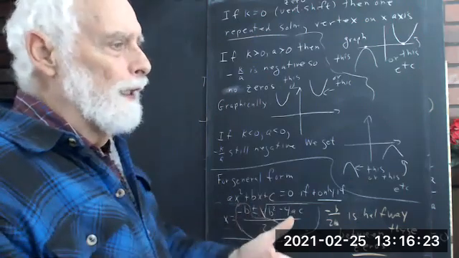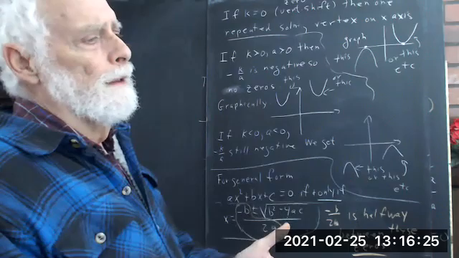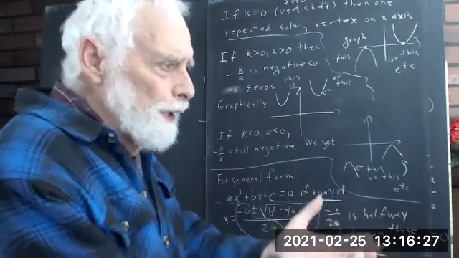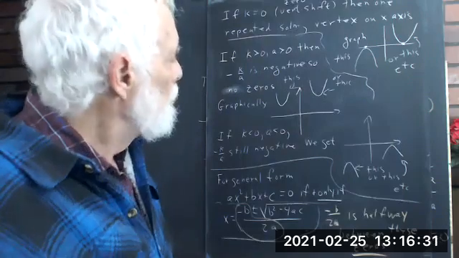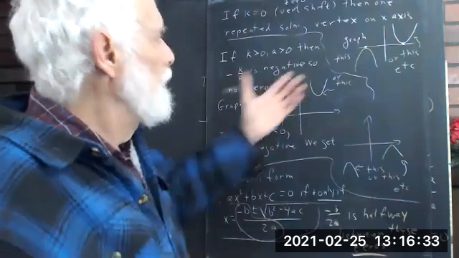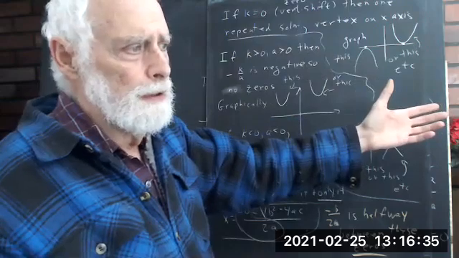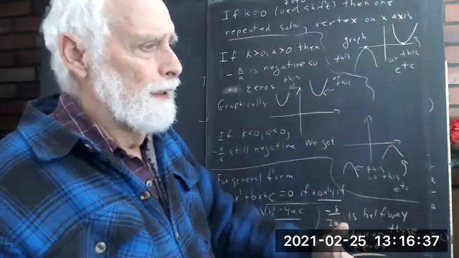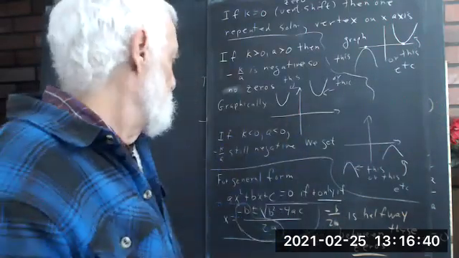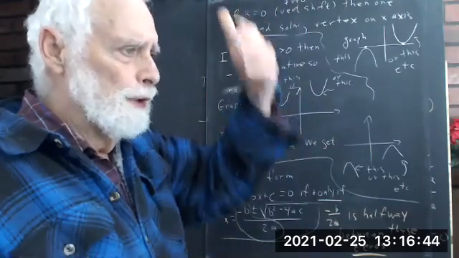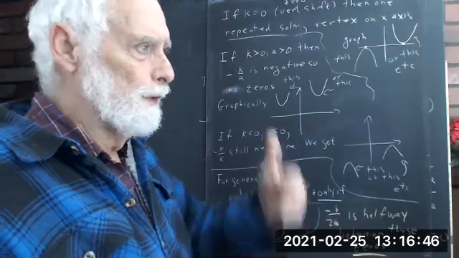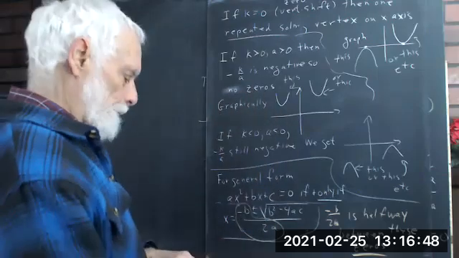So by the fact that the basic function is symmetric with respect to the y-axis, any shifted and stretched version of that graph is going to be symmetric about a vertical line through its vertex.